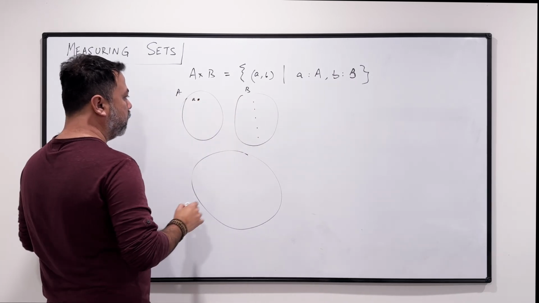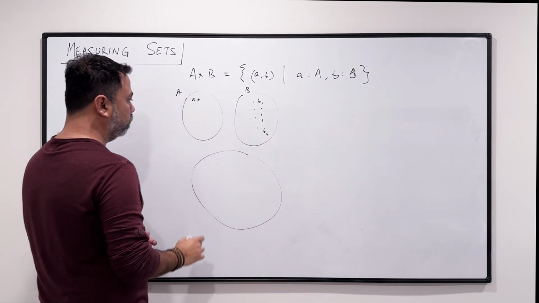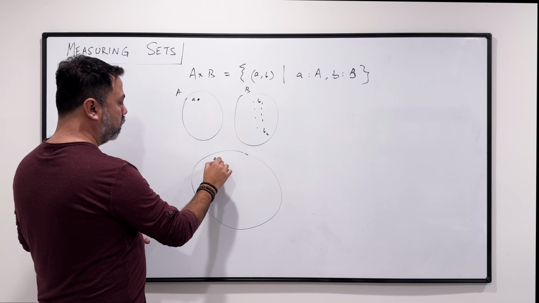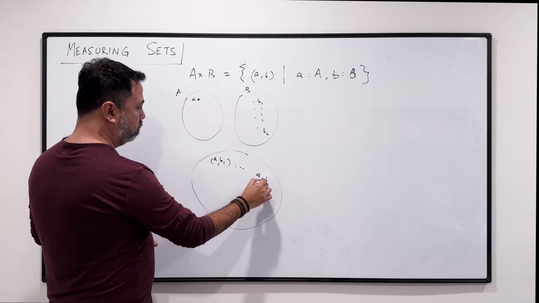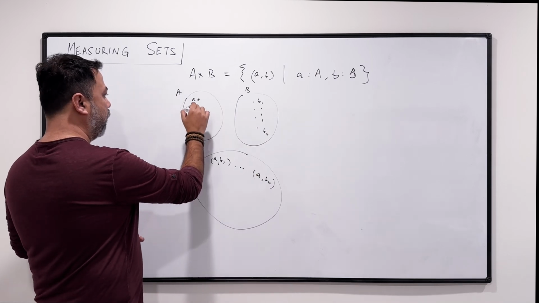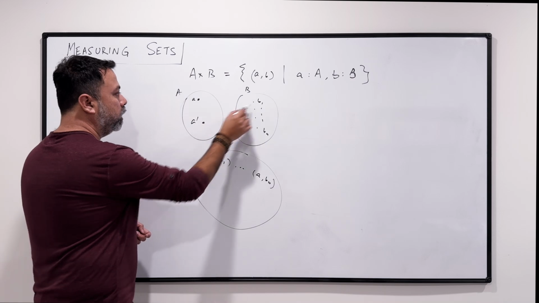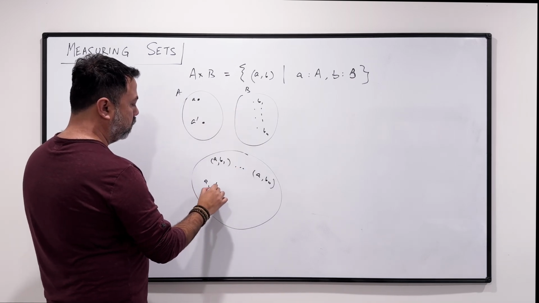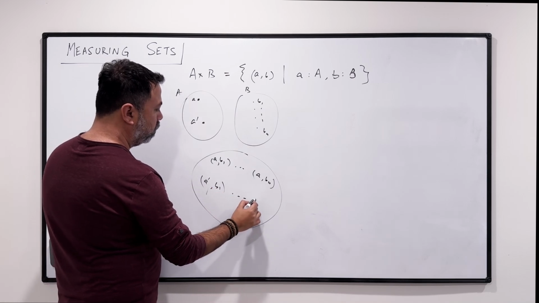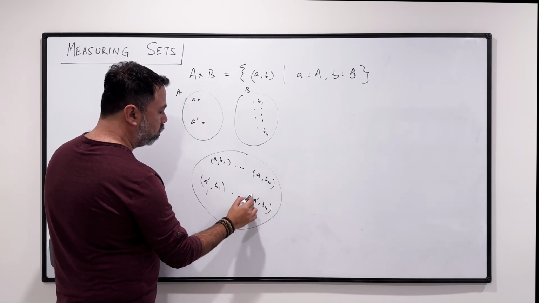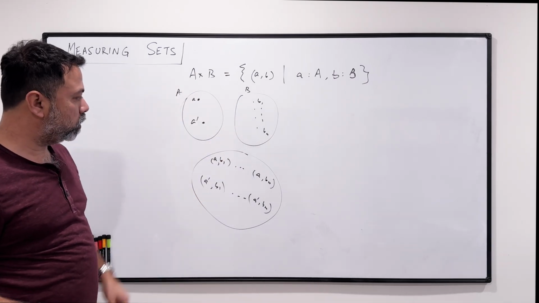If there's a here and b1 through bn there, then I will have (a, b1) in this set, and also (a, bn). If you had another element here, a prime, then a prime will also have its own pairs, all the way through (a prime, bn). All of these are elements of the set, and the more elements there are, the bigger this gets.